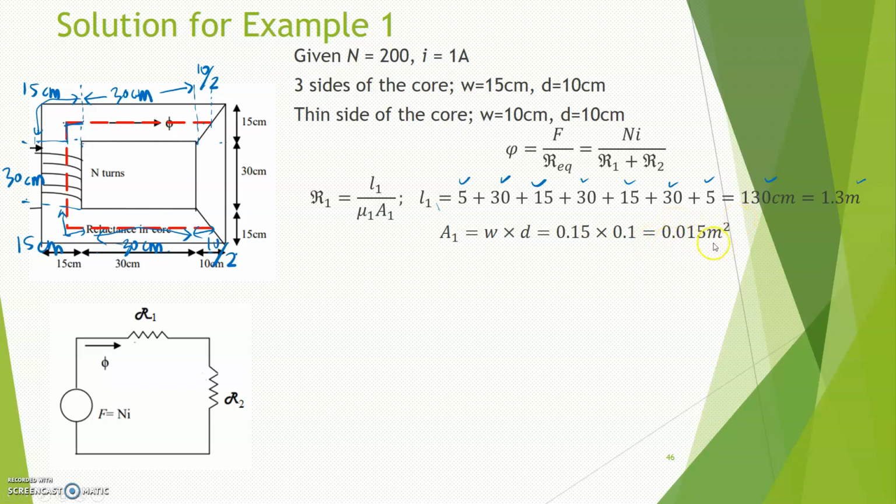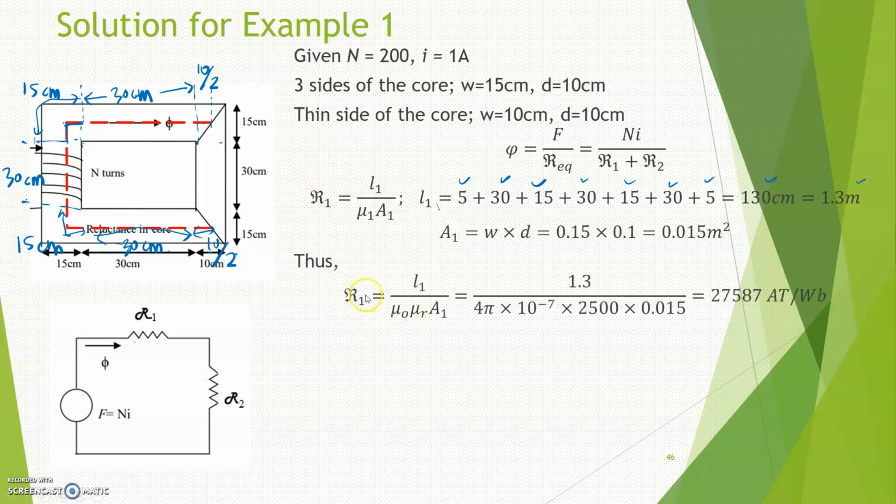Once you get the value of A and the value of L, you can just substitute into this equation. So the reluctance of number 1 will be equal to the length of number 1, 1.3. The mu 1 will be equal to mu naught mu r. The mu naught is given by 4 pi multiplied with 10 to the power of -7.